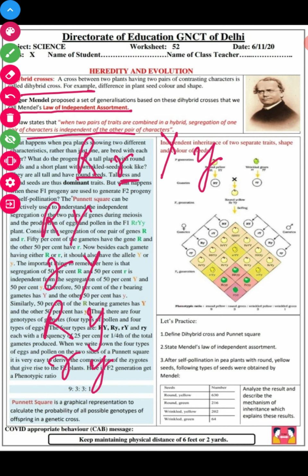So this kind of possibilities will be there. Let's study all these.